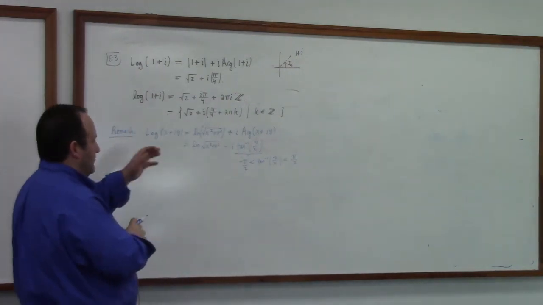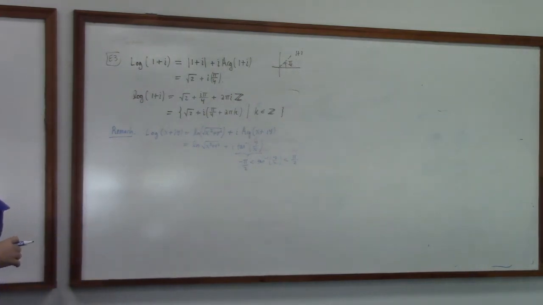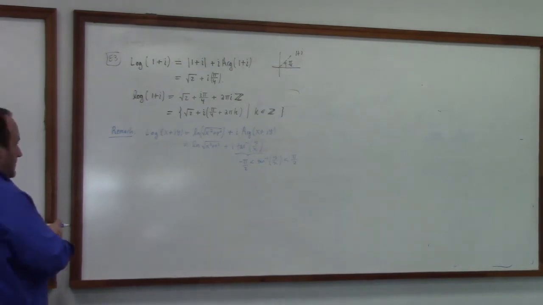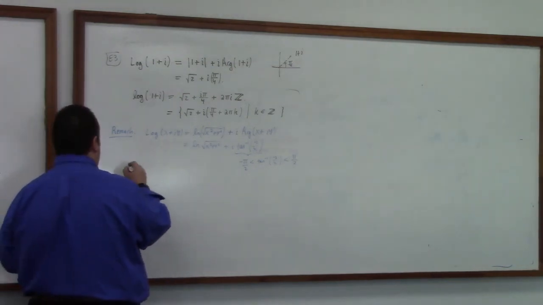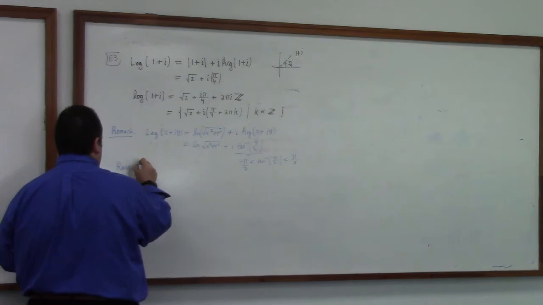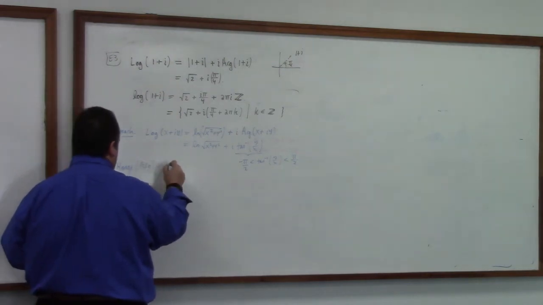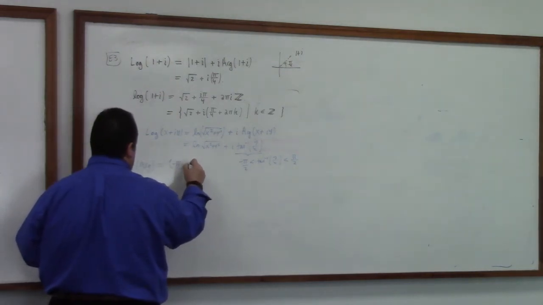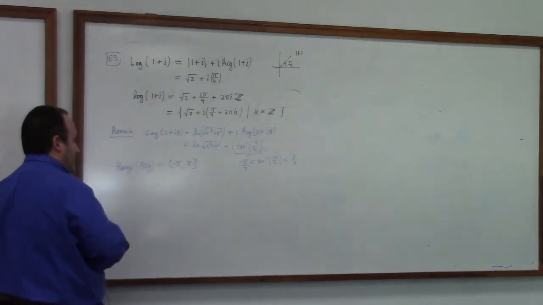So is that an appropriate angle to be a principal argument? Well, remember, the range of arg is minus pi not included to pi included.